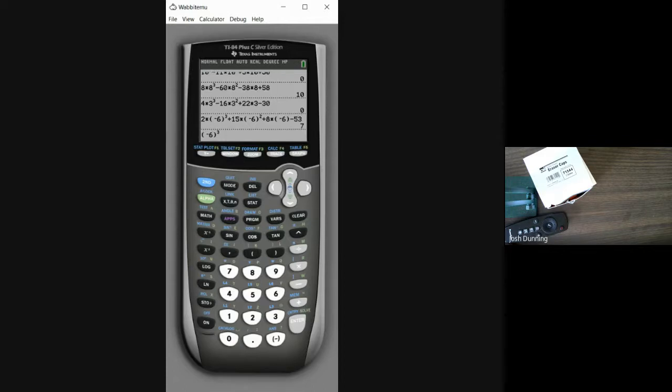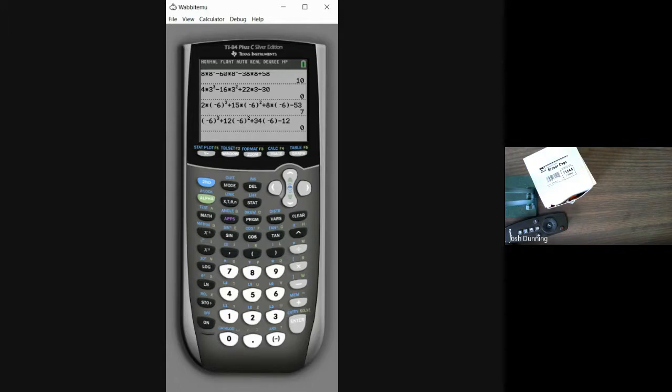Hit over to get out of that exponent, plus 12 times negative 6 squared, plus 34 times negative 6 minus 12. 0, that would be the remainder if I did that division out. So yes, it's a factor.